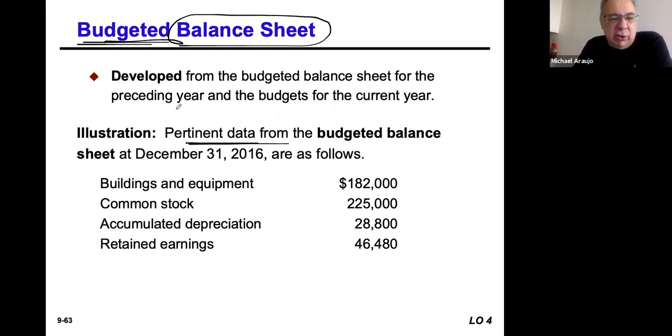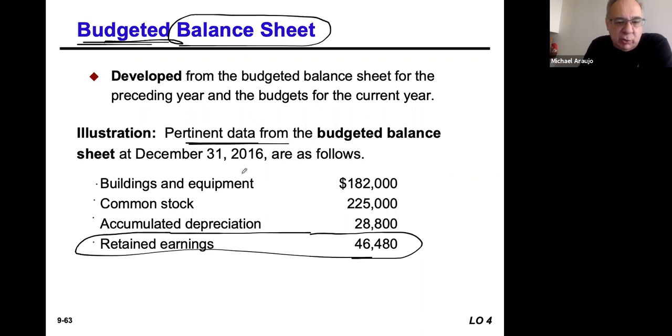The additional information here includes your building and equipment, common stock, cumulative depreciation, and retained earnings. Now the retained earnings balance is going to be different for sure, because this is the end of 2016 and you're doing 2017. So you're going to have to add any net income that you projected on the budgeted income statement to that. Okay, just to know.